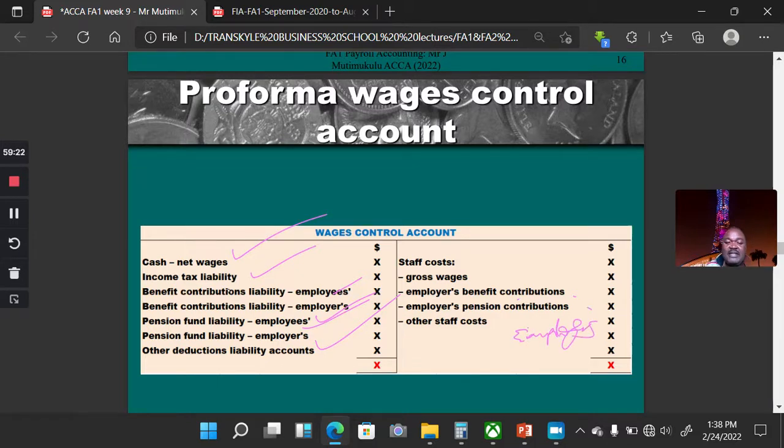But on the debit side is both the employer and the employee. Whatever contribution you see, you may work out the balancing of this account by knowing that on this side only the employer's details come, and then the gross wages. Are we together? Let us do the example that follows.